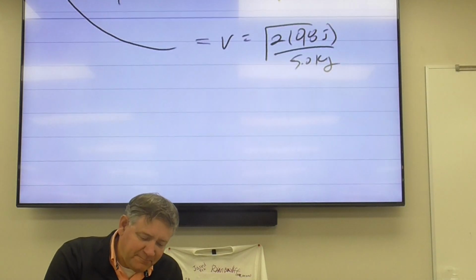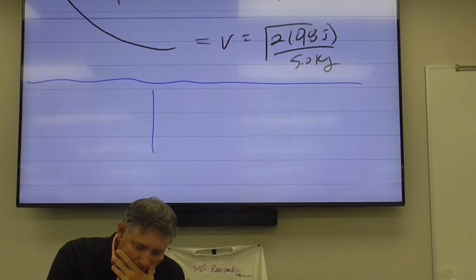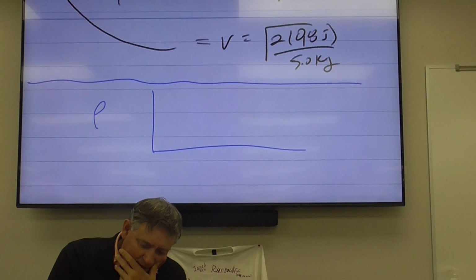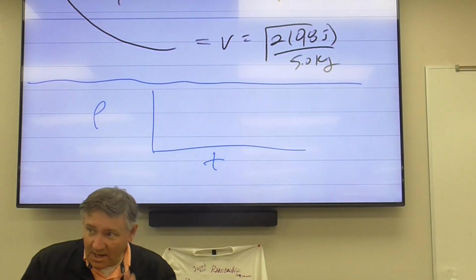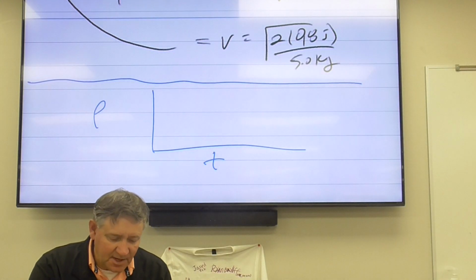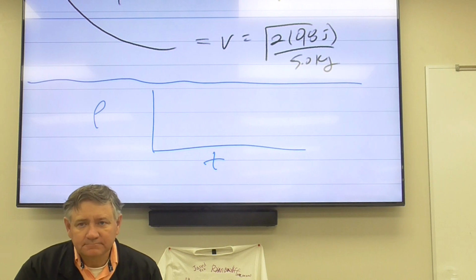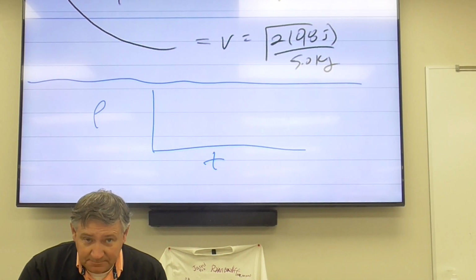Now, we have 2 more pieces of this puzzle to fit together. What would a momentum time graph look like now that we know the velocity? So what would a momentum time graph look like for Terry the tennis ball? It lands at 6.26 meters per second.